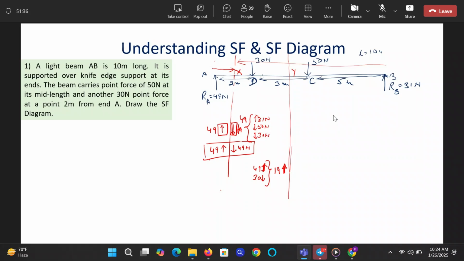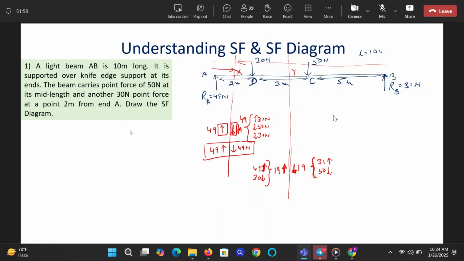What is the resultant of forces to the right of Y? We have 31 newtons upwards and we have 50 newtons downwards. What is the resultant? Again 19 newtons, but this time it is downwards. Does everybody agree with what we have done? Yes or no?